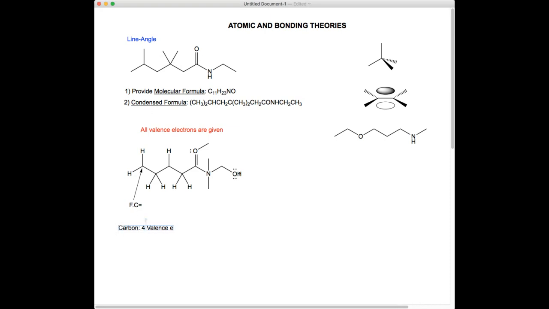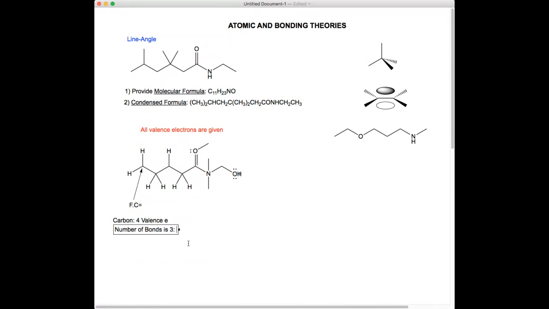So any carbon with 4 valence electrons will have formal charge 0, will be neutral. That's the point of this. So we look at this carbon, and how many bonds do we see on this carbon? 3 bonds. So the number of bonds is 3.